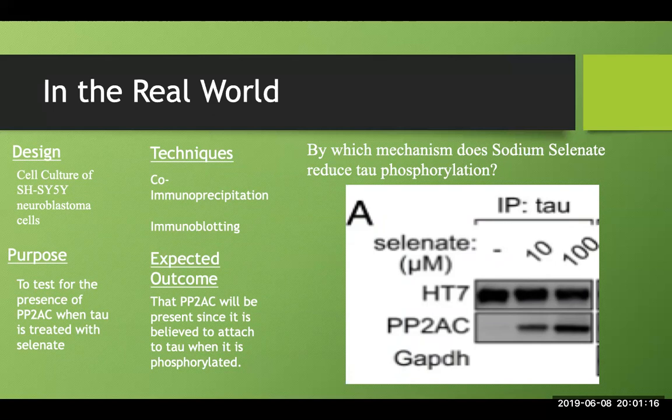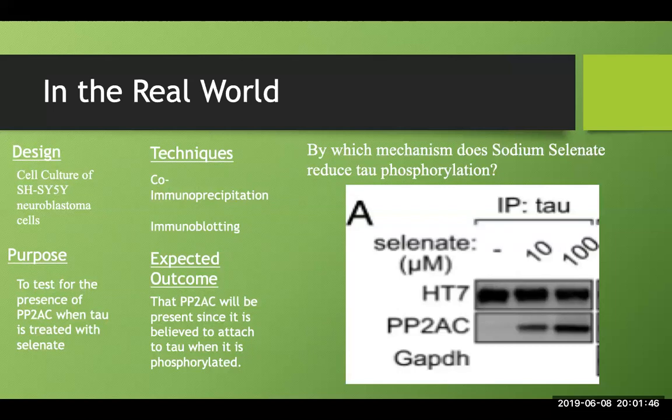They are using sodium selenate to reduce tau phosphorylation because it contains selenium, an element found in the brain, and low levels of selenium have been linked to cognitive impairment and Alzheimer's disease. Their thought process was: by increasing the amount of selenium, can they reduce tau phosphorylation?